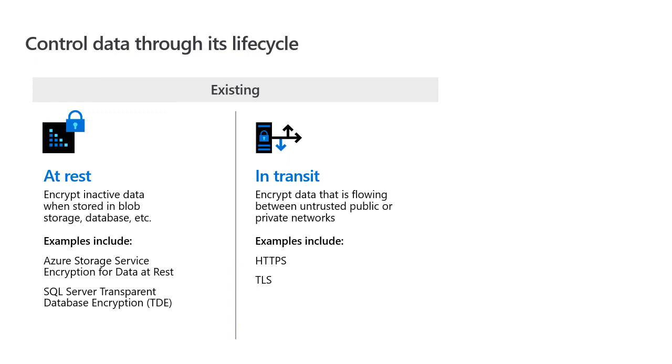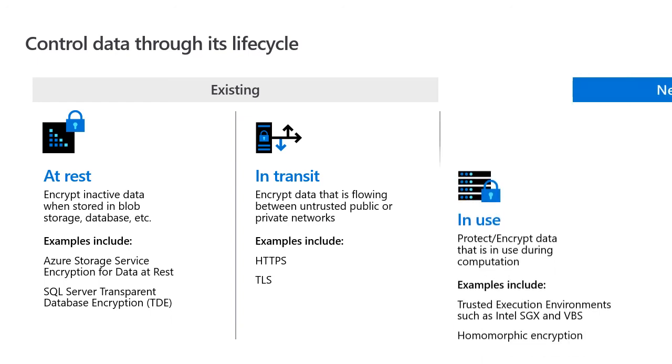Now, also, don't forget that we have many ways to encrypt your data at rest. This would include activating data encryption in blob storage and in databases, using SQL Server transparent data encryption. You also have the ability to encrypt data that's flowing through HTTPS, TLS, and other encryption types while your data is in transit.